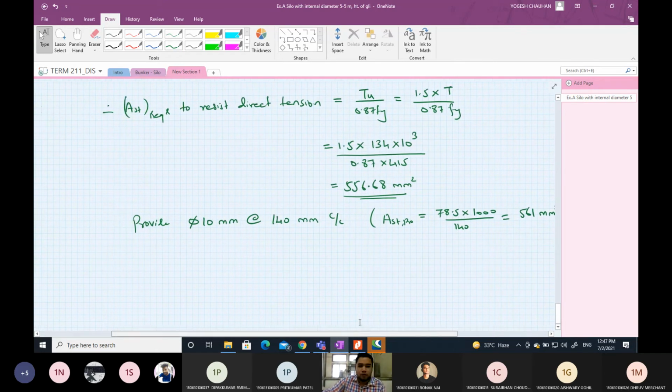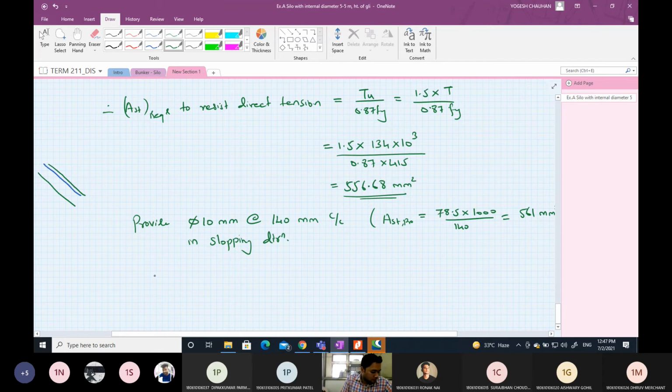Now this bar is to be provided in the sloping direction because your sloping slab is like this, so you have to provide the bars in the sloping direction.